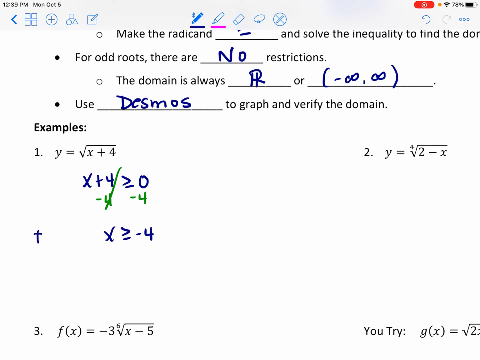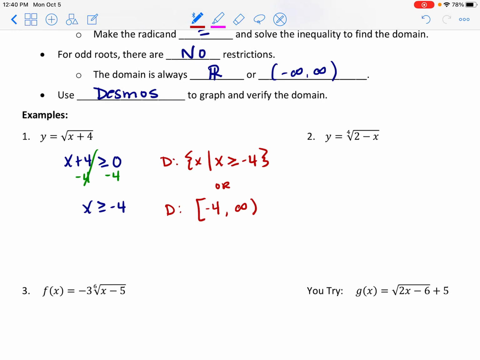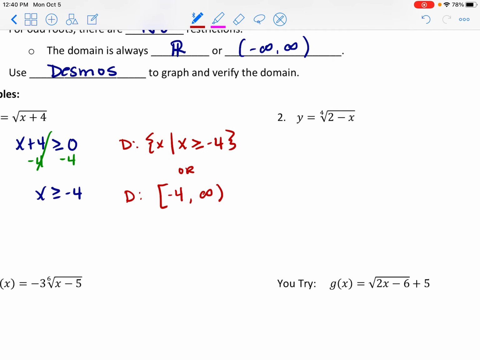We could say this domain could be all x's such that these x's are greater than or equal to -4. Or we could say this domain is everything from -4 to positive infinity. Okay, so either one of those would be acceptable ways to state that domain.